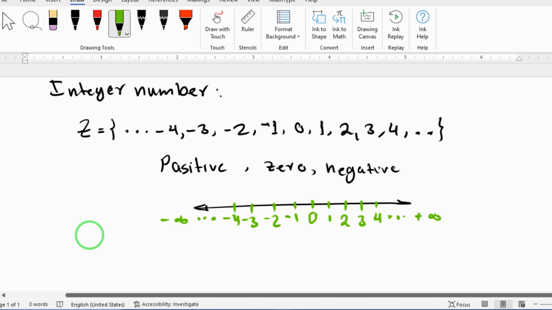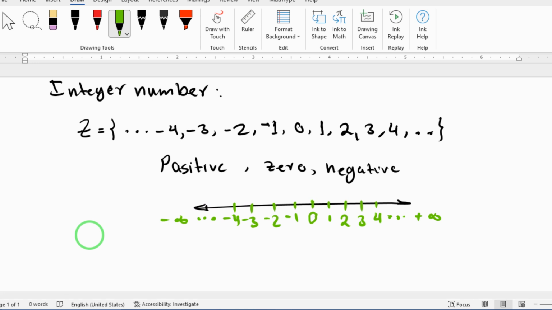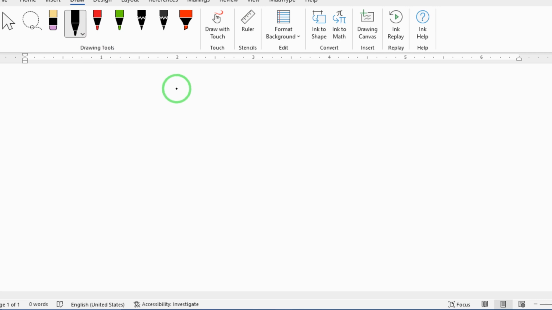These are integer numbers. We use integer numbers in different situations, for example, for measuring temperature, inflation, rates, and different things that we use in daily life. Next one is odd number.